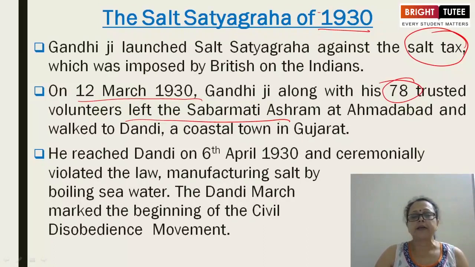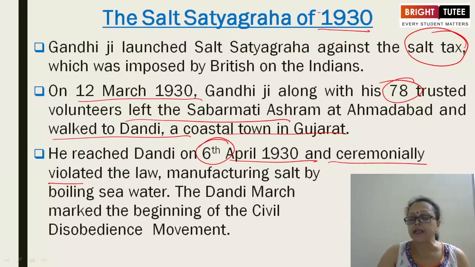he left Sabarmati Ashram, which is in Gujarat, near Ahmedabad, and walked till Dandi, a coastal town in Gujarat. When he reached, it was already 6th April 1930, and what did he do? Ceremonially, he violated the salt law by manufacturing salt by boiling sea water.